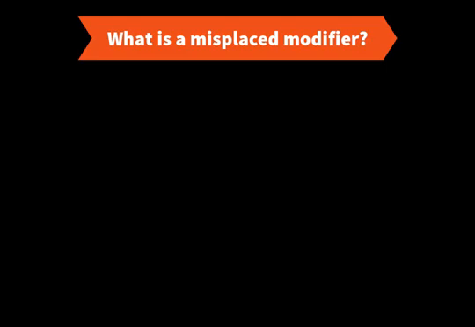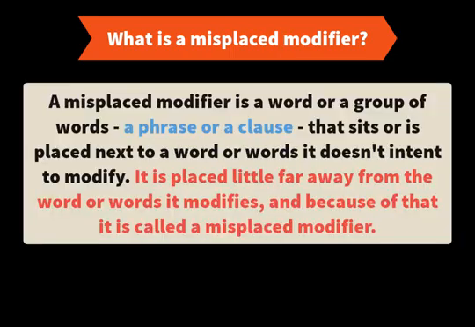We'll start with a misplaced modifier. A modifier is called misplaced, as the name goes, when it is placed next to a word or words that it does not modify, when the word it modifies or intends to modify is a little far away from this modifier.